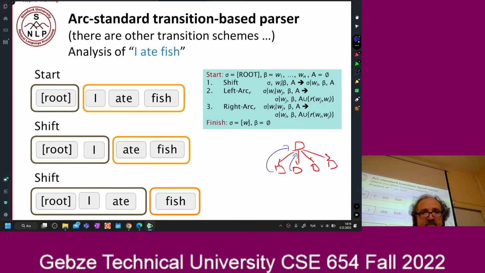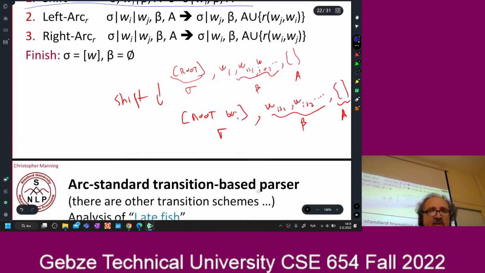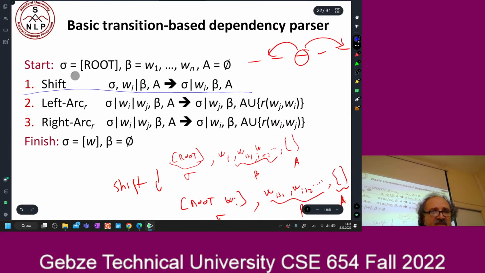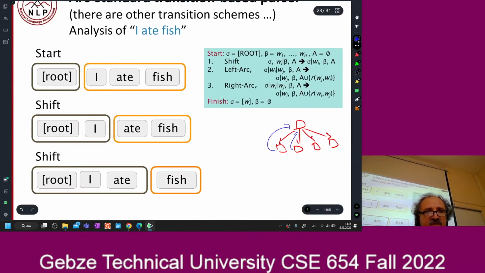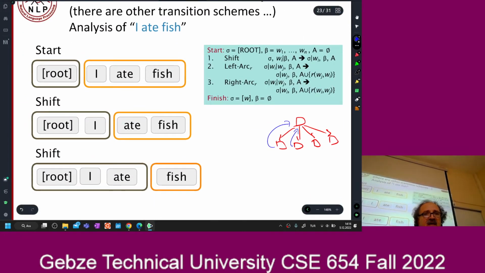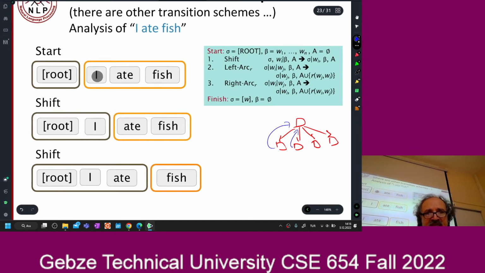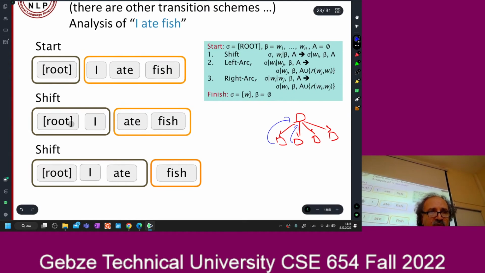Okay, so this is what I do. There are three things that I can do: shift, left arc, and right arc. It's a shift reduce parser. From the start, I shift. Shift means get one word from the buffer beta and put it into my stack sigma.